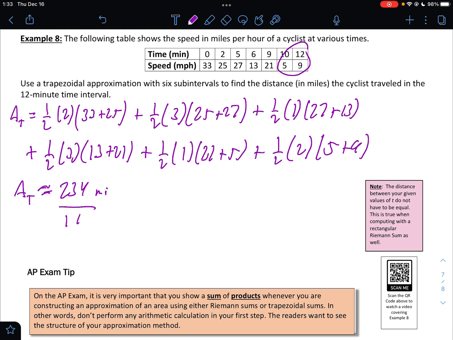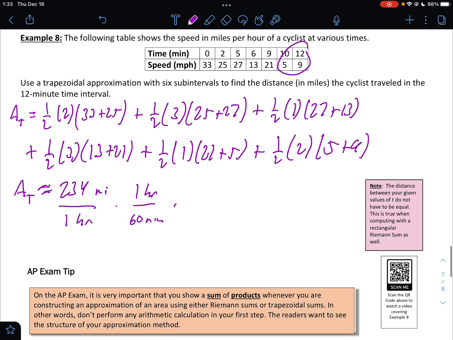And then just multiplying by the time, which is minutes, which we've already kind of taken care of. The actual number is 234 over 60, which is 3.9 miles.